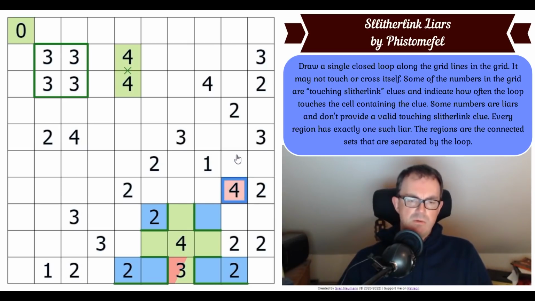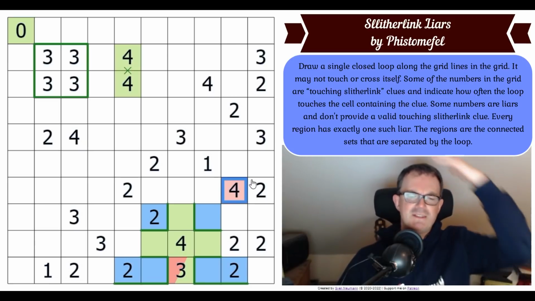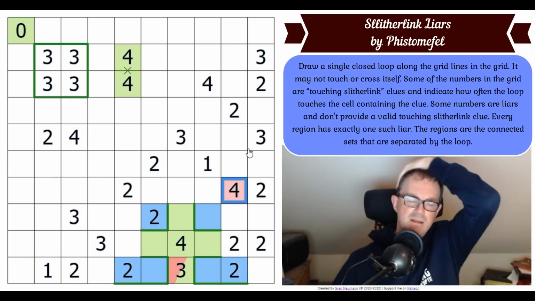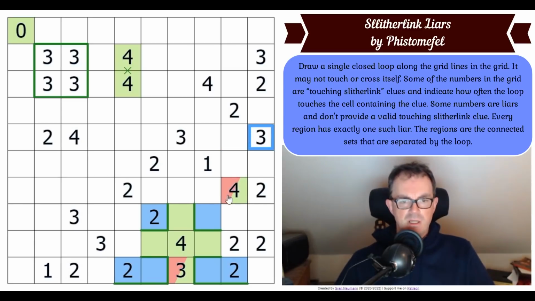But it can't be blue then, because if it's blue, it's correct, isn't it? Sorry, I think I'm going mad here. Yeah, any cell that's in the loop apart from these is true. So this is green, and it's a lie.